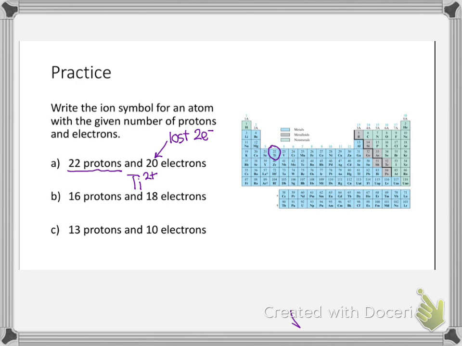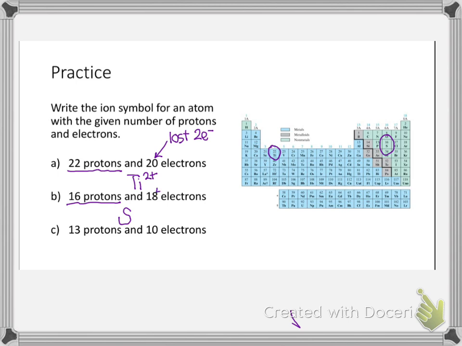All right, so hopefully you answered the question. So I would look here, there's 16 protons. So 16 is right here. It's sulfur, so I know this is going to be the element sulfur. I look, an atom of sulfur would have 16 protons and 16 electrons. They would be equal.